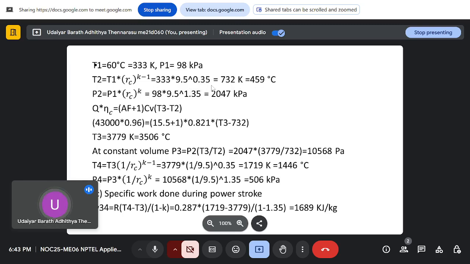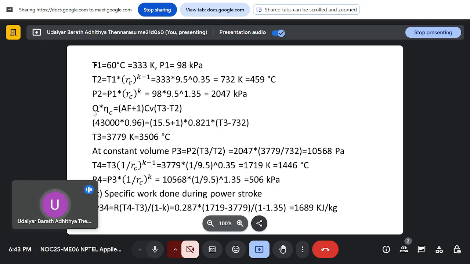That will come out to be 732 Kelvin, and again P2 equals P1 into your compression ratio raised to power gamma. So 98 into 9.5 raised to power 1.35 comes out to 2047 kilopascal.